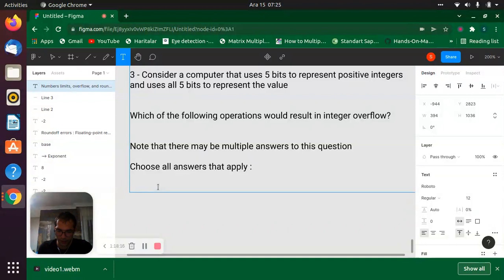I will show them to you now. We have A, B, C, D, E, and F.